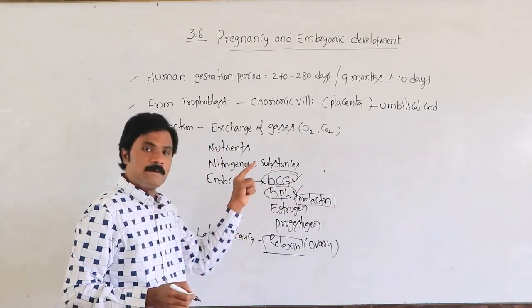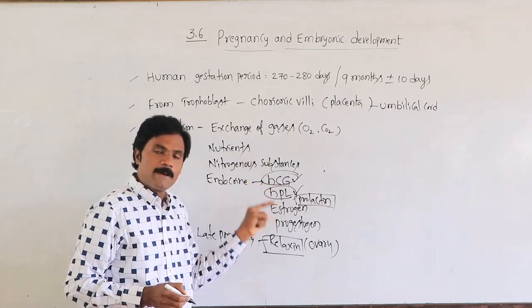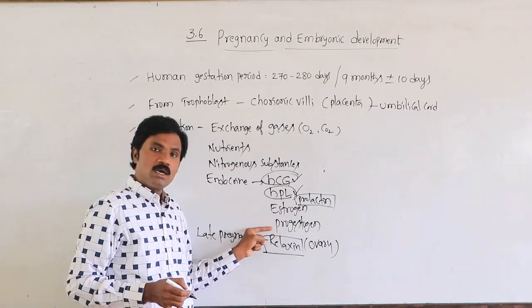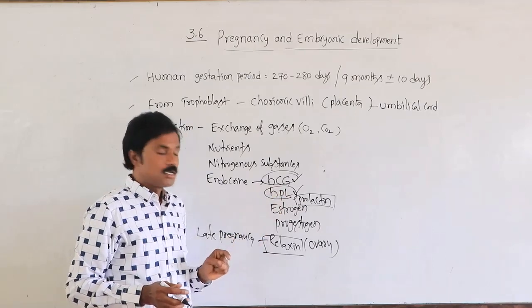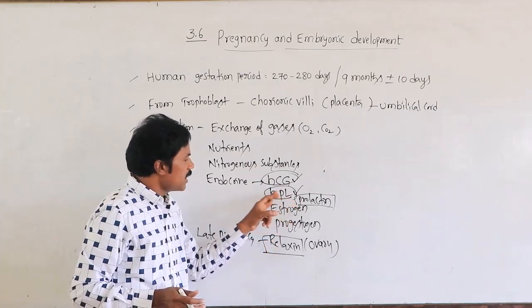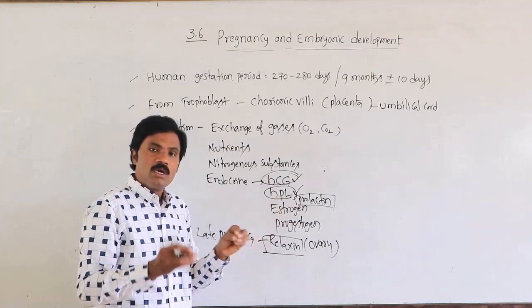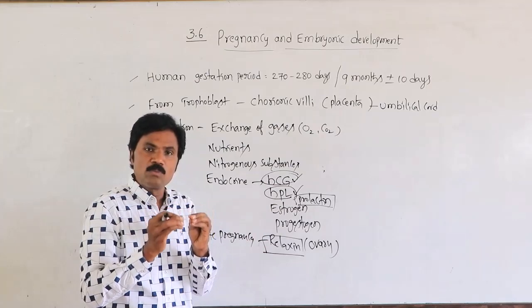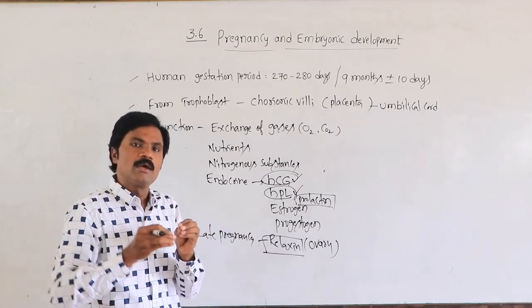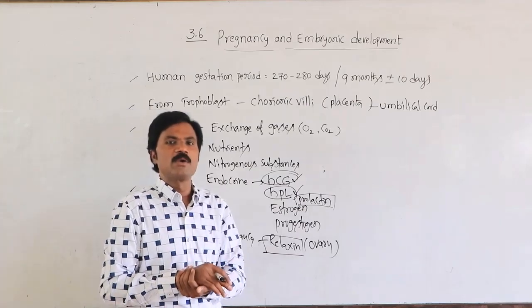The specific hormones secreted by the placenta are HCG, HPL, estrogen, progesterone, and a little amount of prolactin. But specifically relaxin, prolactin, HPL and HCG are secreted only during the pregnancy period of the woman.